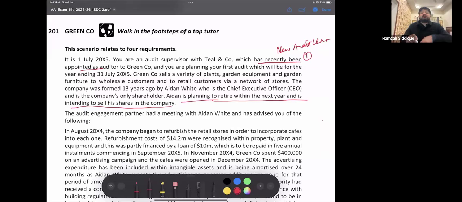Now, this is another example of management bias. Who is the only shareholder? Who is the CEO going to retire? Management bias. He wants to sell shares and he may overstate financial statement items. He may manipulate to show good financial results so that he can sell shares at a higher price and retire. So, 2 points.